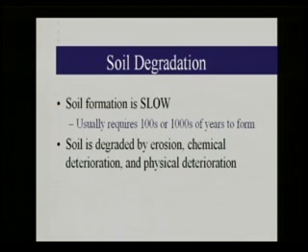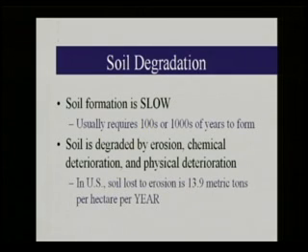Chemical deterioration would result from the loss of minerals and nutrients as soil is formed. We have a physical deterioration that would result from compaction of soil, so we lose the pore space where the water and the air are found in a soil. And this can result when we have a lot of animals, for example, in an area that are very active and compacting the soil beneath them. So soil can be degraded.